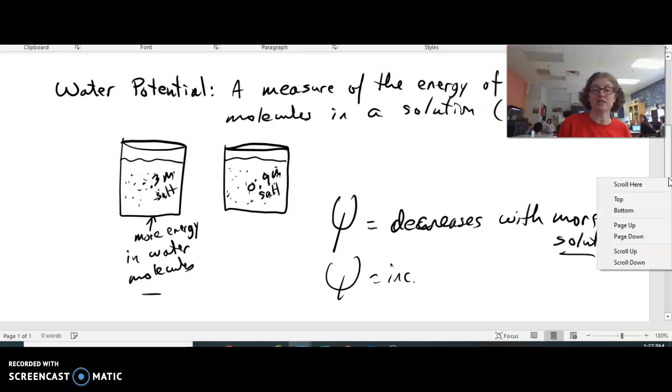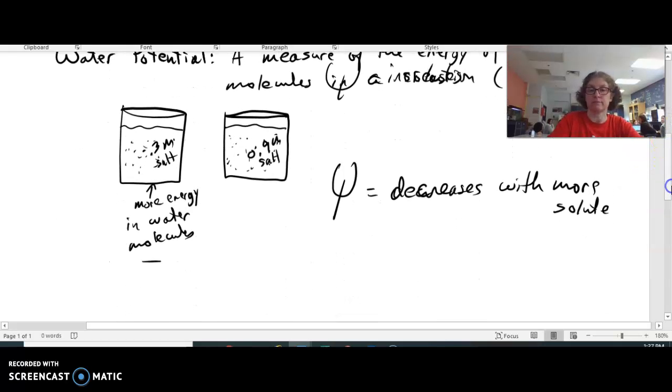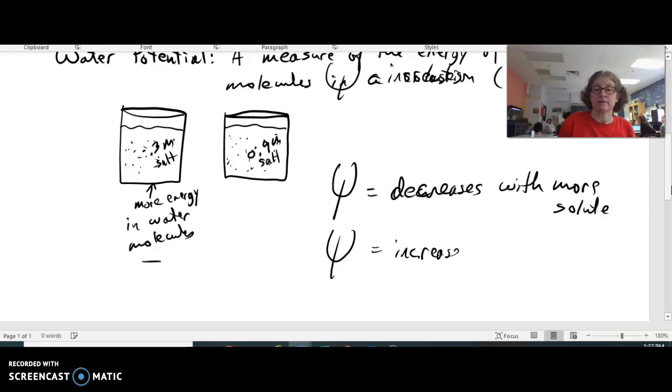But it increases as you add pressure to the system.